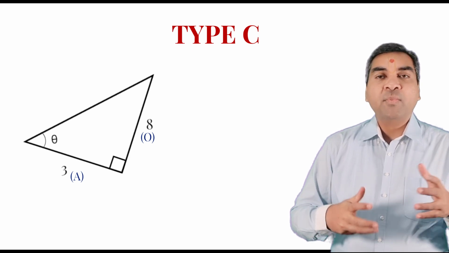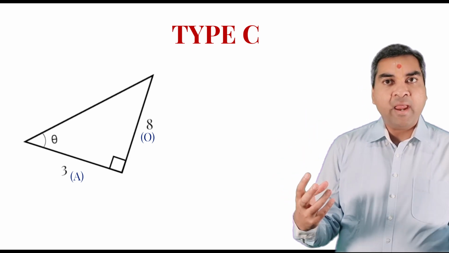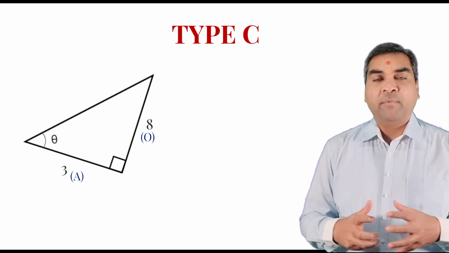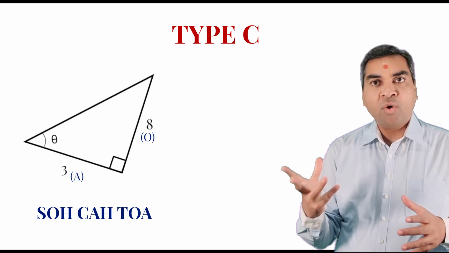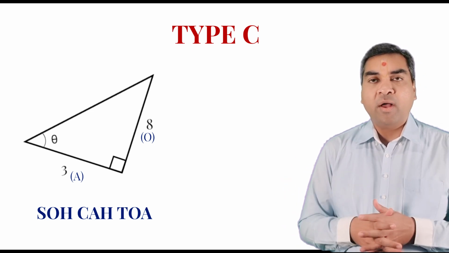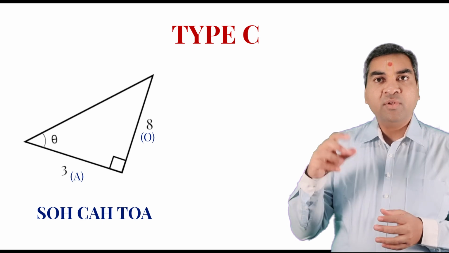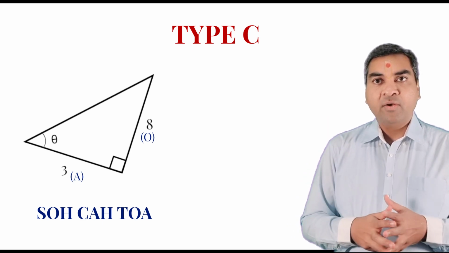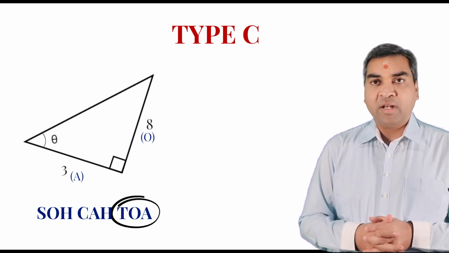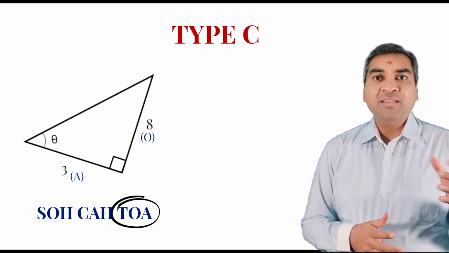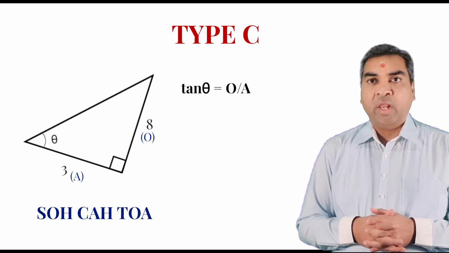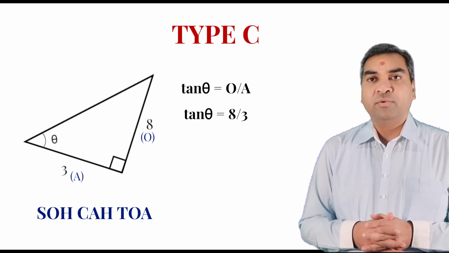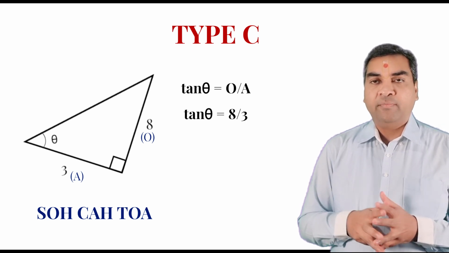Now I'm concerned with O and A. Now I'm going to check with my Soh, Cah and Toa. Am I going to use Soh or Cah or Toa? Because I'm concerned with O and A, Toa fits perfectly well. So Toa, which is tan theta equal to opposite over adjacent. So tan theta equal to 8 over 3.